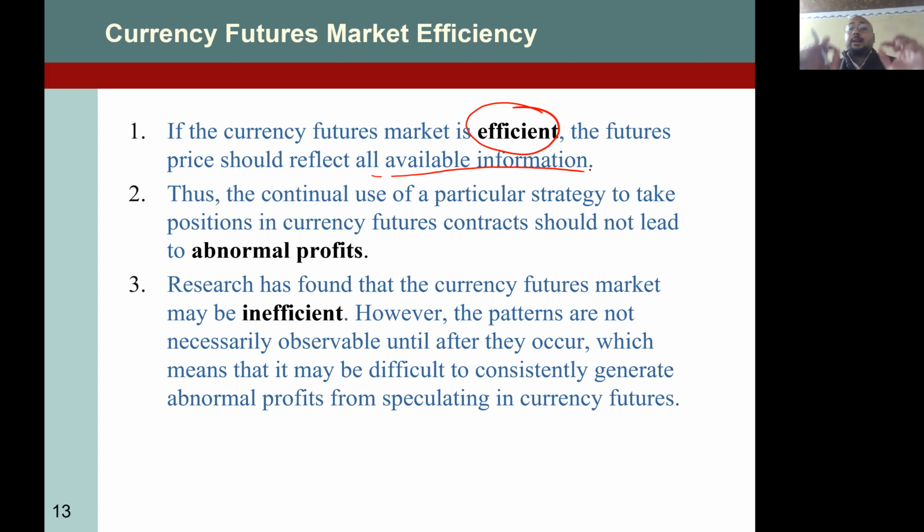It means if any available information happened, for example, an earthquake hit Mexico and causes large damage, it should be reflected in the price of Mexican pesos, because that is available news, not hidden news, not secret news, not private news, right? So if that happens, then of course the price of the peso will be increased or decreased by the information available.